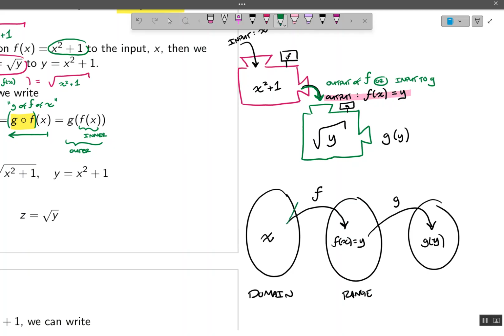So if I want to do this in one step, we have this new function, which is called g composed with f of x. In purple, this is the name of the composed function. We can write this as g of f of x. This means the output of the function f is what gets put into the function g.